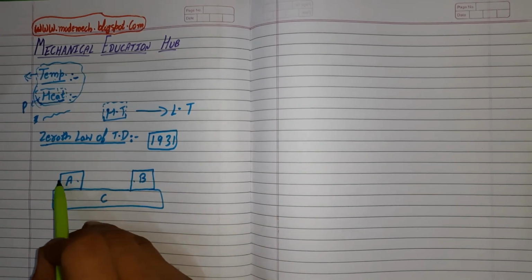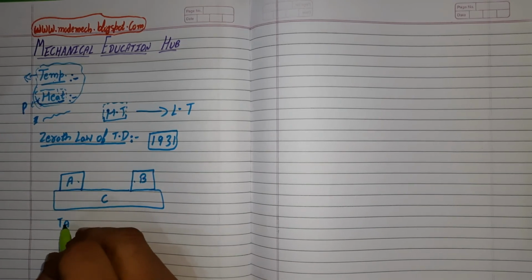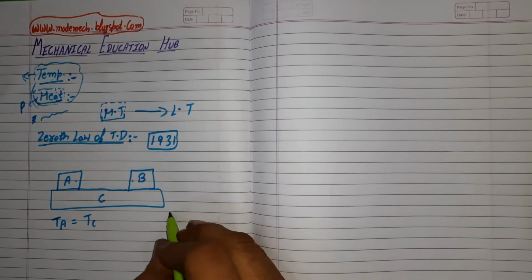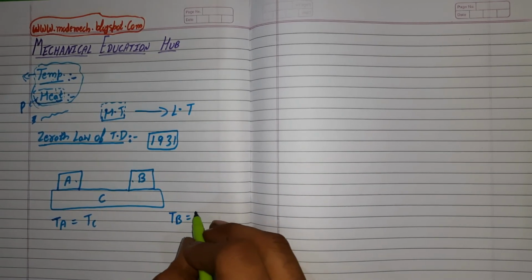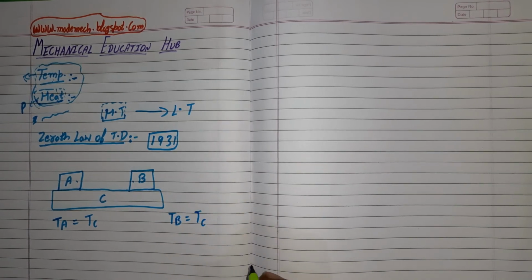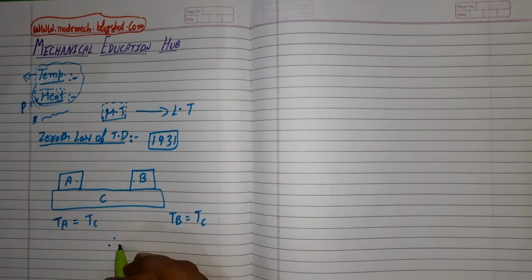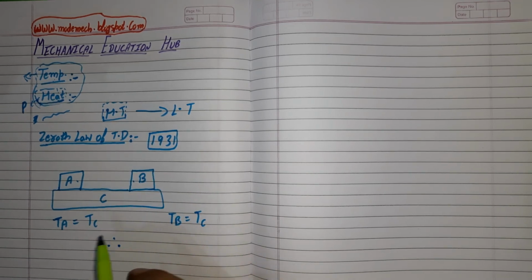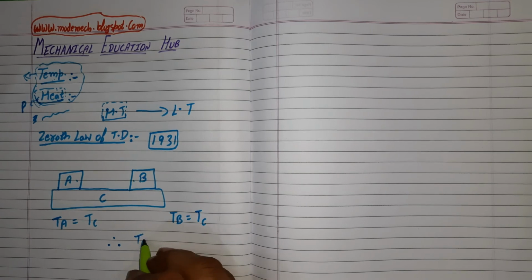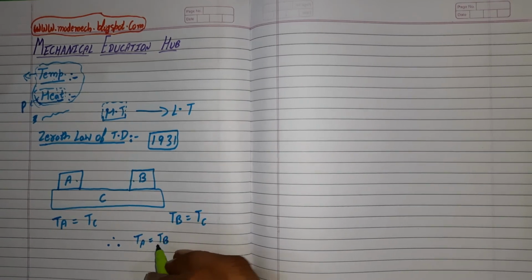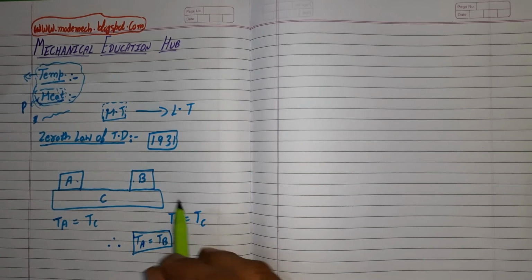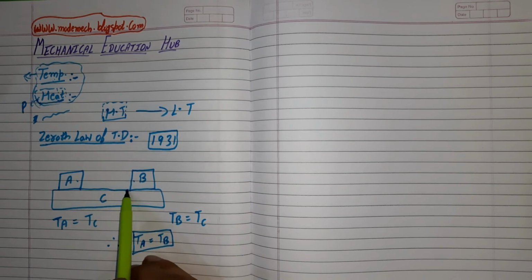Which means if the temperature of body A and the temperature of body C are equal, and the temperature of body B and the temperature of body C are equal, then Fowler in his Zeroth law says that the temperatures of bodies A and B will also be equal, whether they are directly in thermal equilibrium or not.